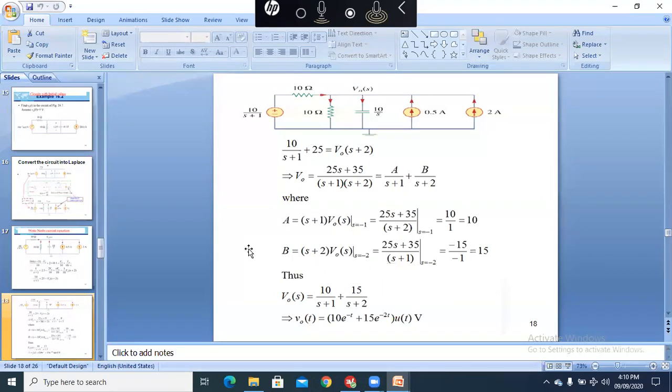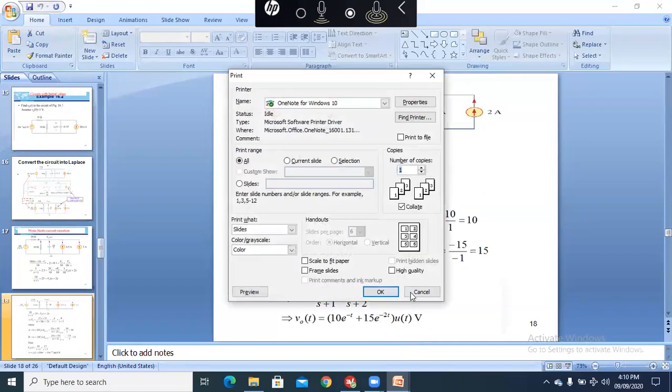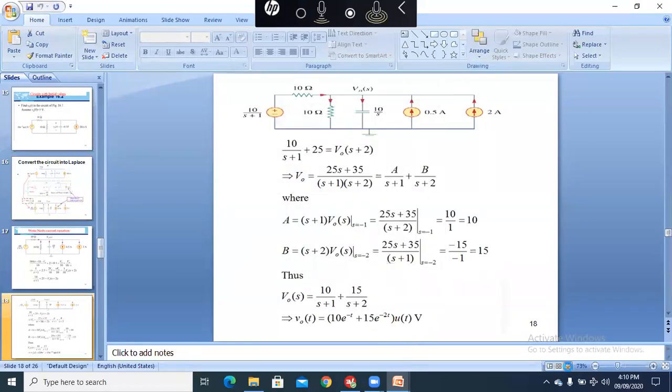Sir, is this decaying because of the exponential? Yes, because the u of t represents that this exponential is decaying, because the exponential is in this form.